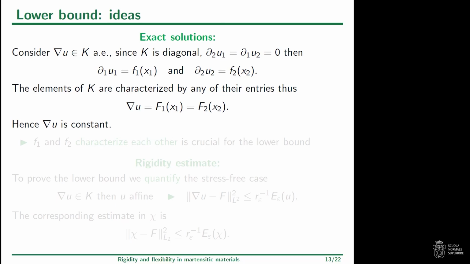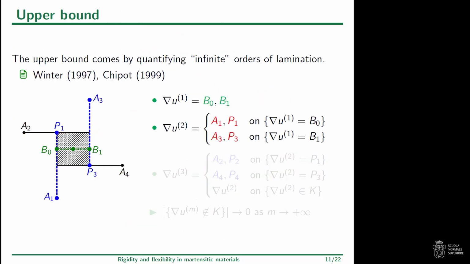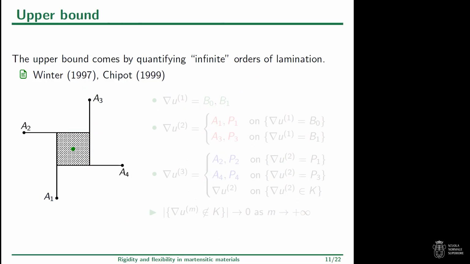And now the structure of the Tartar square comes into play. Maybe I go back one second to the picture. The structure of the Tartar square is that if I give you any entry of an element of the Tartar square, you can tell me which matrix I'm talking about. So there is a one-to-one relation between the first entry and the matrix, as well as the second entry and the matrix.